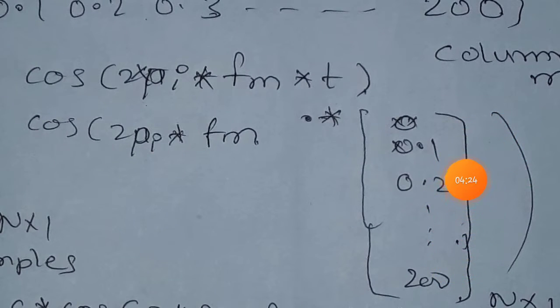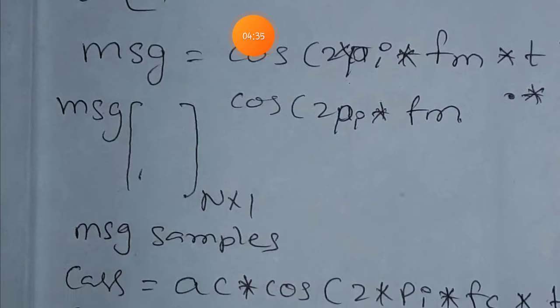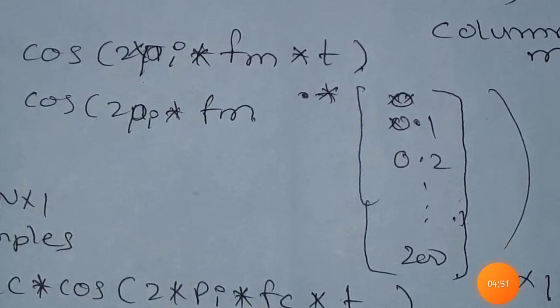Each element of the T column matrix is substituted for T. For each element of T there is one message sample. So an MSG column matrix is created. T has n samples, so MSG has n samples, an n by 1 matrix.